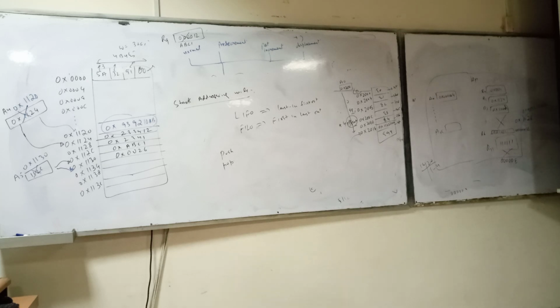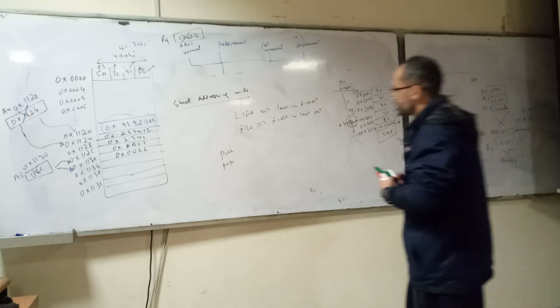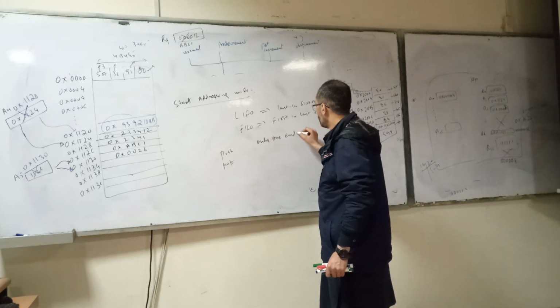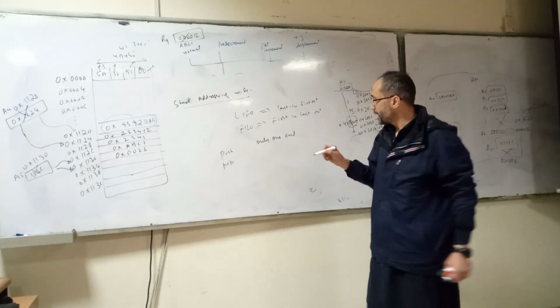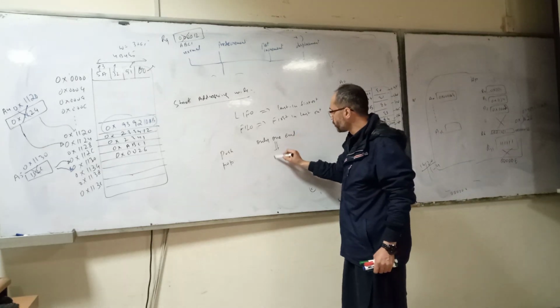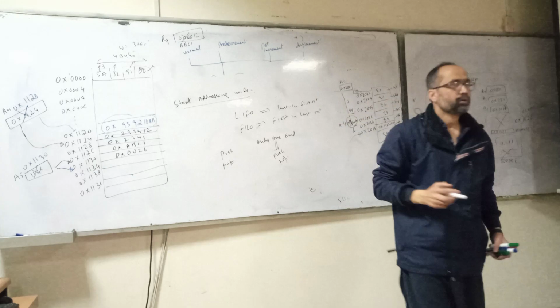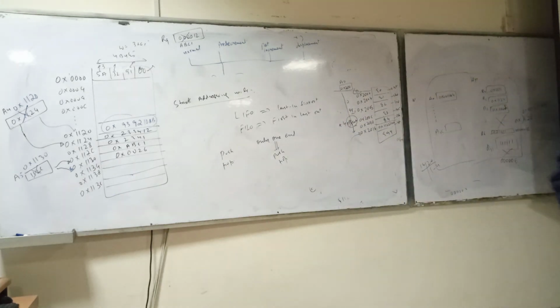Okay, stack. If you look at the stack, actually it has only one end, and at this end you can perform either a push operation or a pop operation. Now I will explain stack with an example.